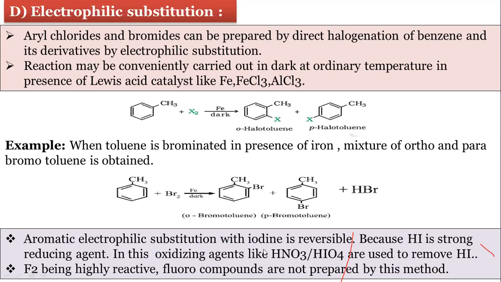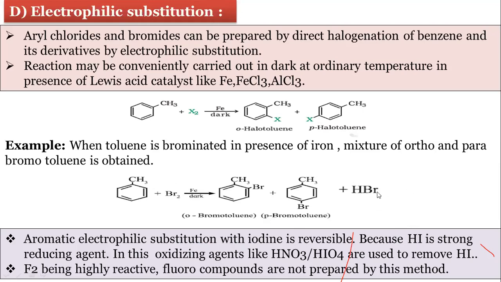Aromatic electrophilic substitution with iodine is reversible because, you know, HI is a very strong reducing agent. When HI is prepared, again it will give the reverse reaction. In this reaction, we have to use oxidizing agents like HNO3, HIO4 to remove HI. Means HI is not prepared here, so we have to use oxidizing agents like HNO3 and HIO4.